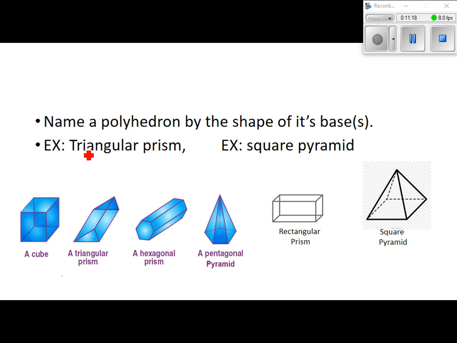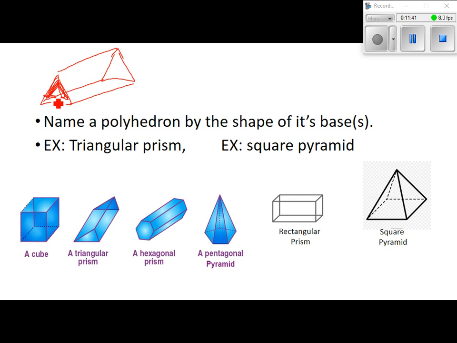When you're naming a polyhedron, you name it according to its base or bases. A triangular prism looks like this. It's got a triangle, it's got a triangle. Those are the bases. And all the other faces are rectangles, so it's named by its bases.